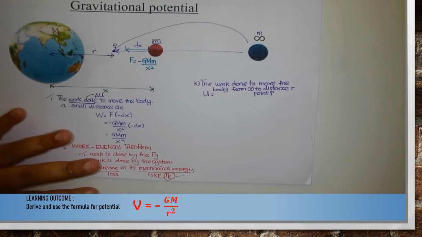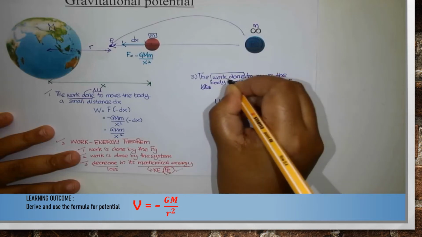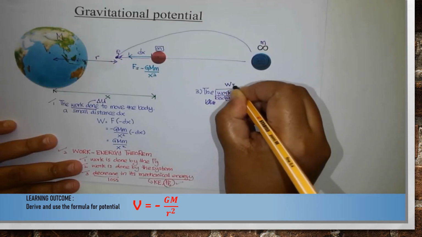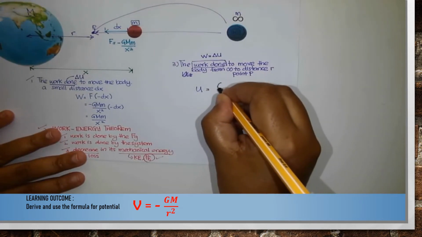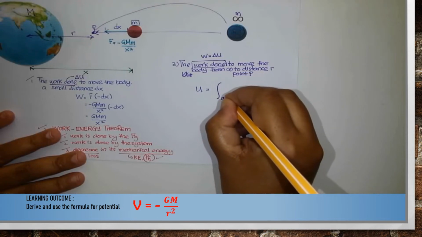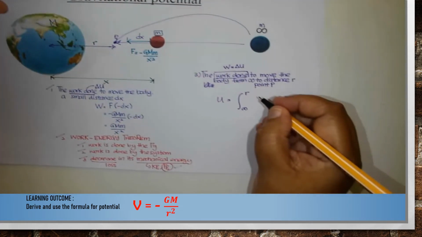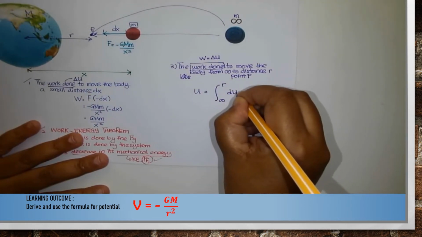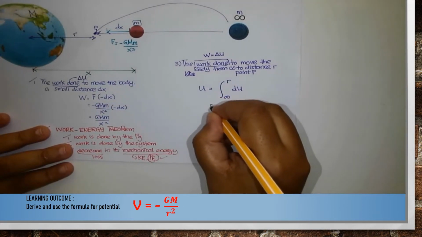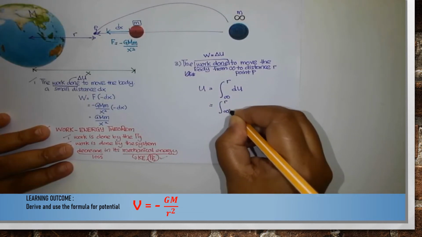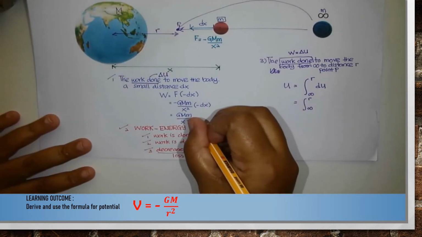So we know, work done W is equal to delta U. So U is equal to the integral from infinity to point P, which is r from the center of the earth, of dU. And what is dU? According to here, dU is GMm over x square.